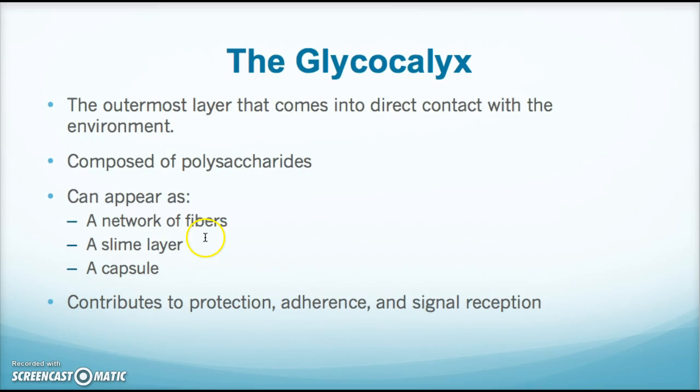They could be a network of fibers, a slime layer, or perhaps a capsule. The function of the glycocalyx is to protect the cell, to help in adherence, so it could adhere to a surface or to another cell, and signal reception, so it can receive a signal from outside the cell and send that into the interior portion.